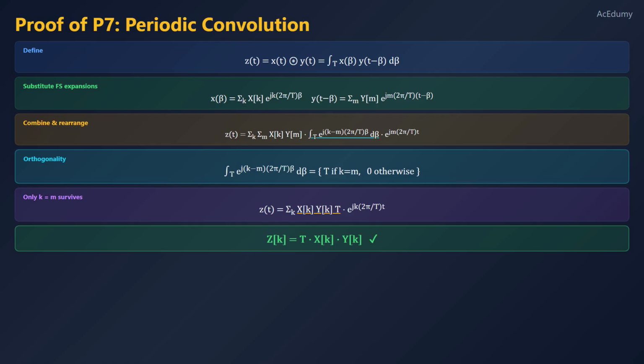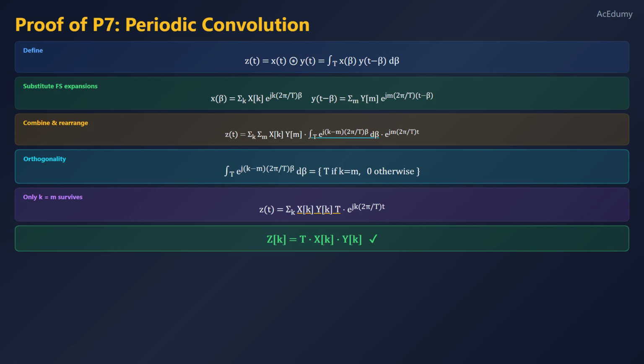Let us prove property 7. Define z of t as the periodic convolution of x of t and y of t. That is, z of t equals the integral over one period of x of beta times y of t minus beta d beta. Both x and y are periodic with period T. We substitute the Fourier series expansions.